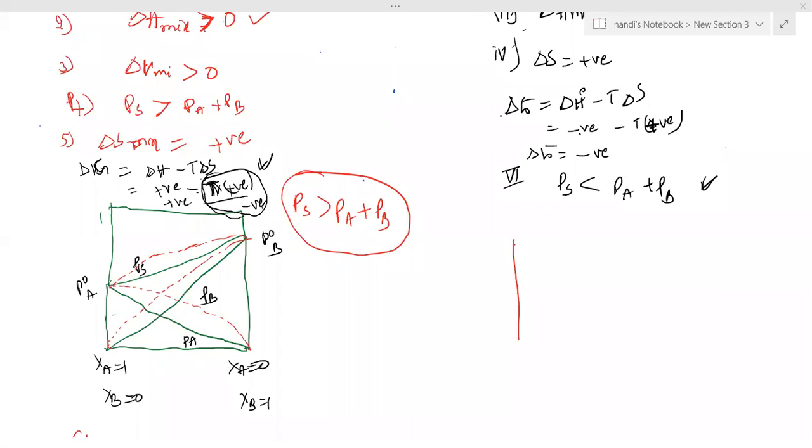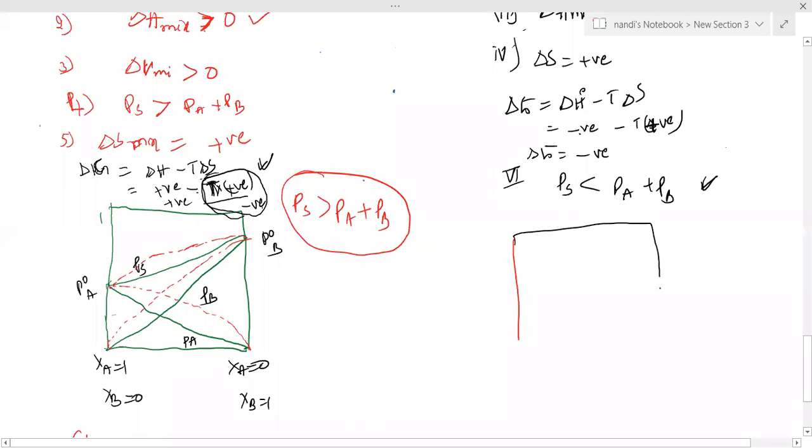Can you draw graphs here? Graphical representation. You can write, sir, this is the ideal situation. I am showing here, which is more volatile, sir, A or B? By looking at this, can you tell which is more volatile?